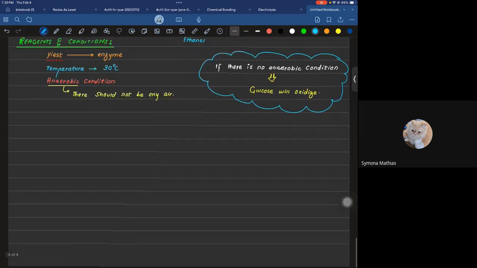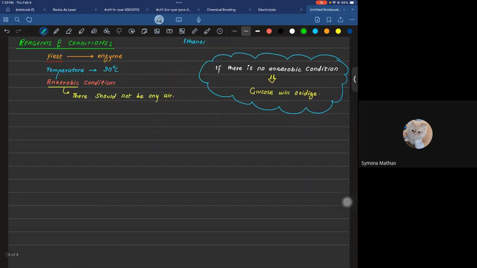And then we have chemical reactions of alcohols.